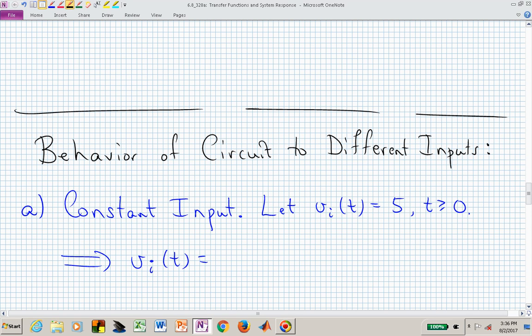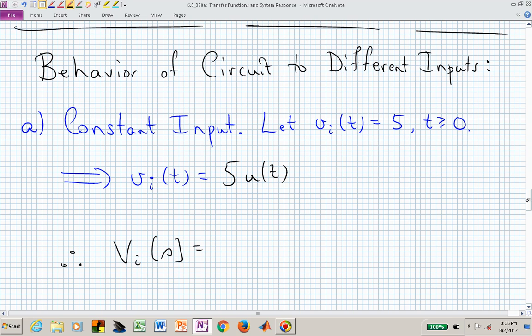Or we could write this as 5u of t, and now maybe it's easier to think about what the Laplace transform of little v sub I of t is. Now it's just a scaled version of the Laplace transform of a unit step, and the unit step has a Laplace transform of 1 over s.